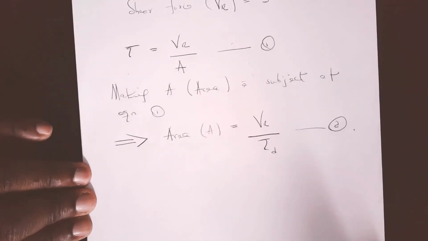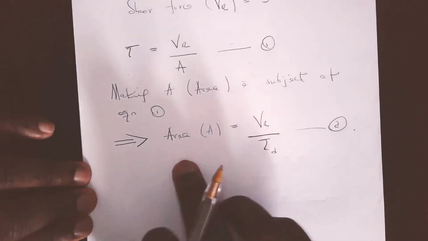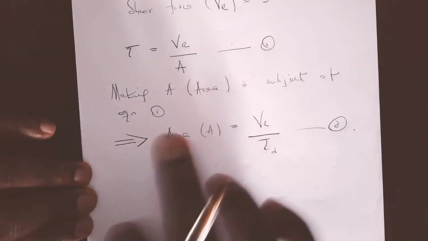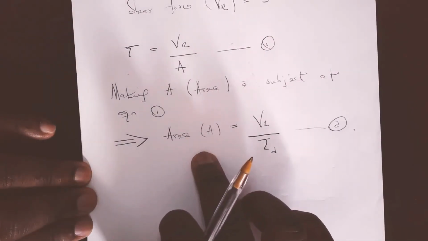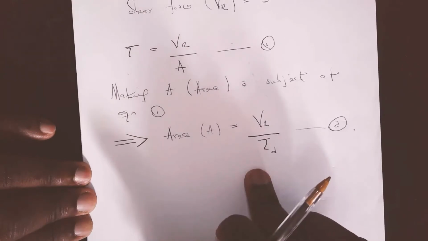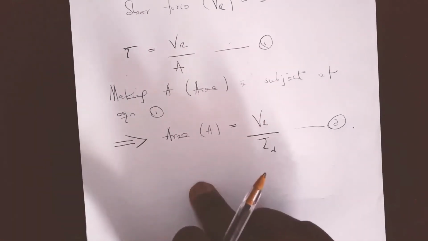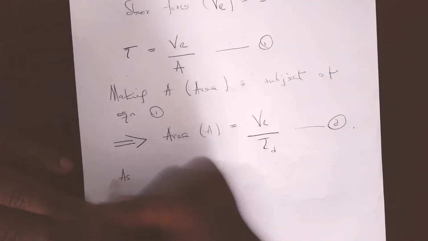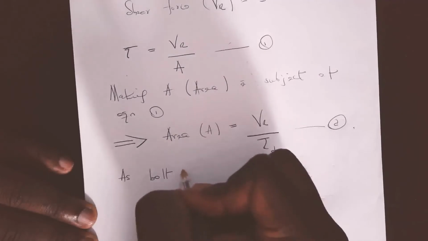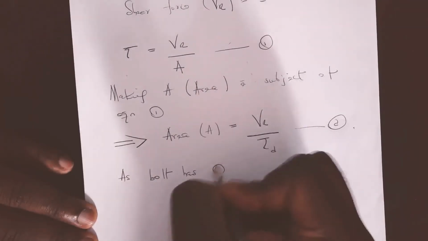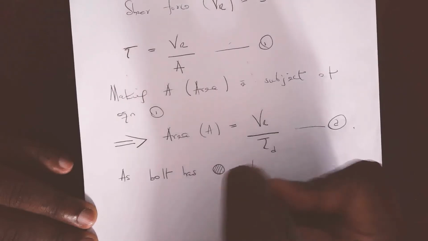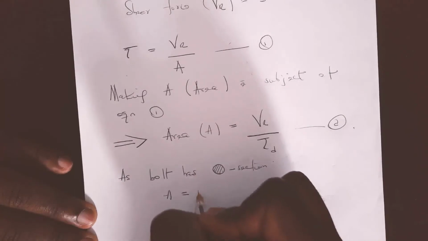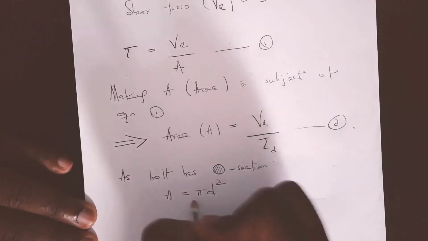The next part to do is we can either work out the area and equate it to the area of the circle, or we can substitute the area of the circle into this equation and make D the subject and work out D directly. So let's do that. As the bolt has a circular section, A is equal to the normal formula we tend to use, pi d squared over 4.